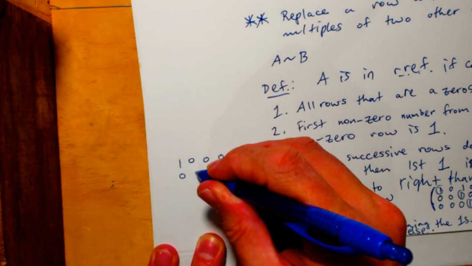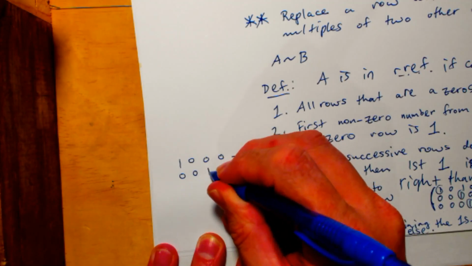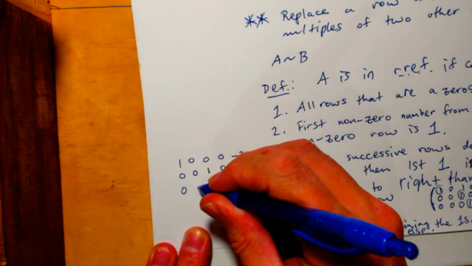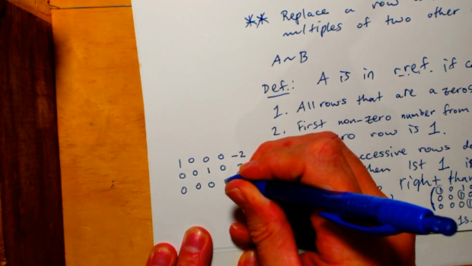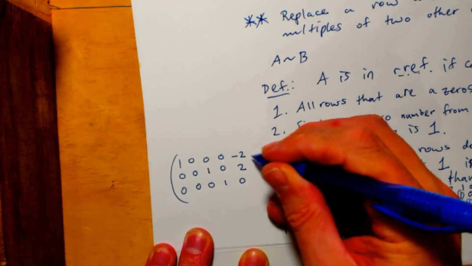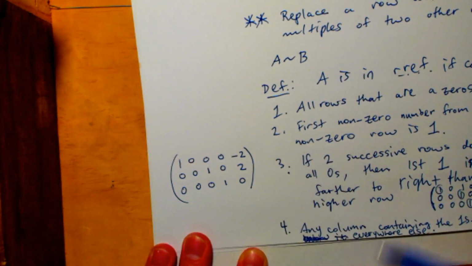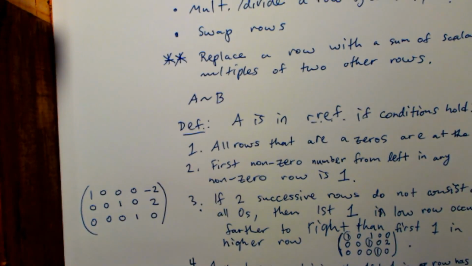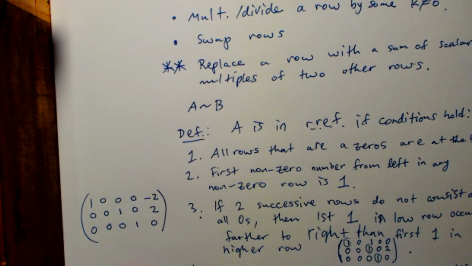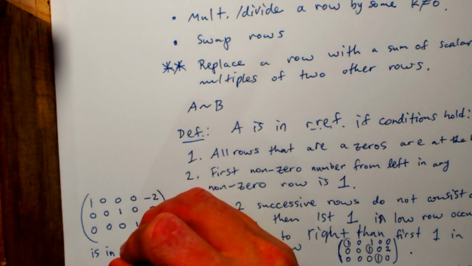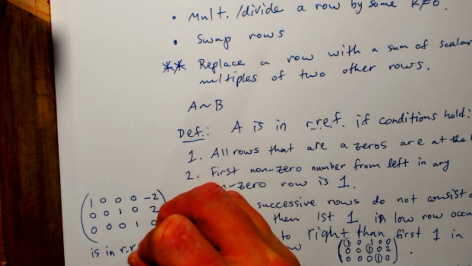Then next we'd have 0, 0, 1, 0, 2, and 0, 0, 0, 1, and 0. So this matrix here satisfies all 4 of those properties. So this matrix is in row reduced echelon form.